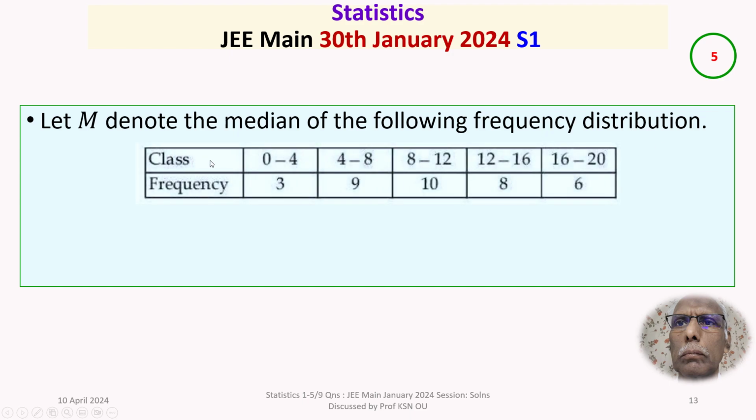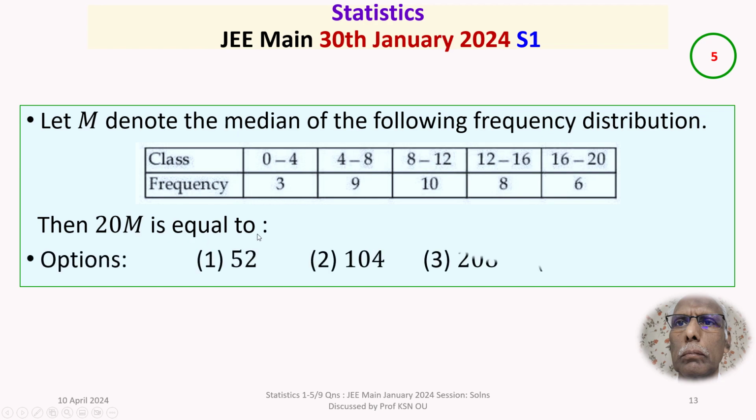The classes are given, class length is 4, and the respective frequencies are given here. Then 20 times m is equal to, we are given 4 options. From this frequency distribution table, you have to find capital M, the median, and find 20 times m. This is a very simple question.